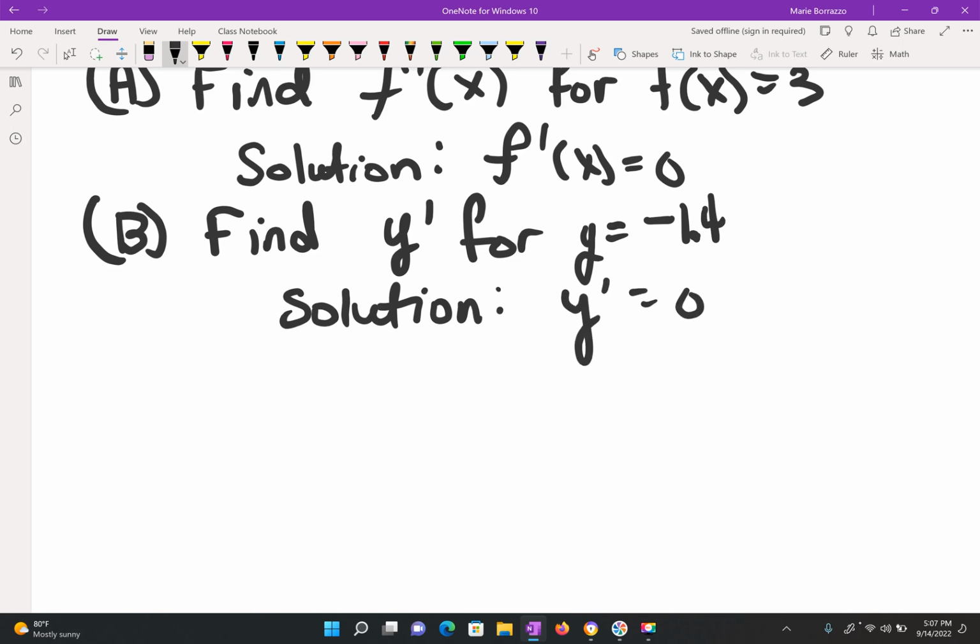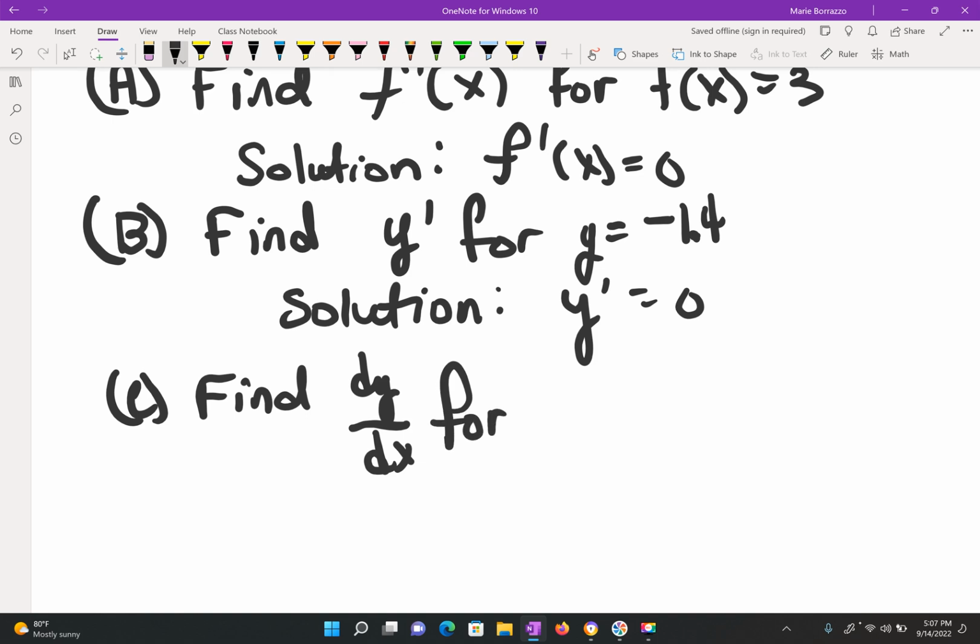It's nothing difficult. If they instead said to you, find dy over dx for y equal to pi, you would simply state dy over dx is equal to 0. Again, another constant.